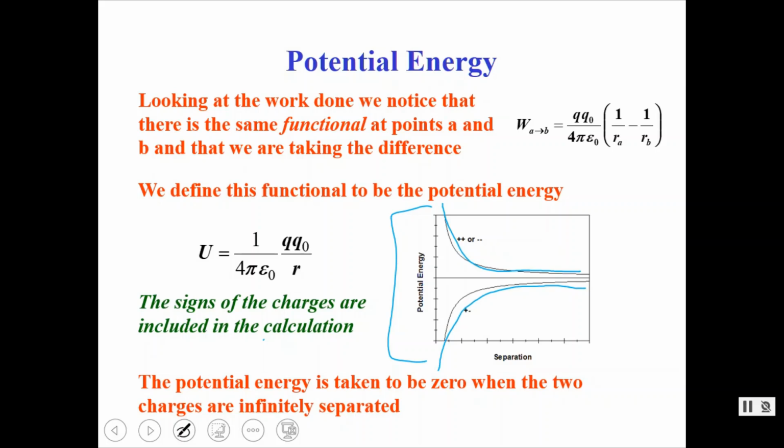This is very, very important for you to remember. And in both cases, whether your charges are the same or different, as r goes to infinity, our potential energy is going to approach 0. So the only way to get 0 potential energy is to have the charges infinitely far apart.